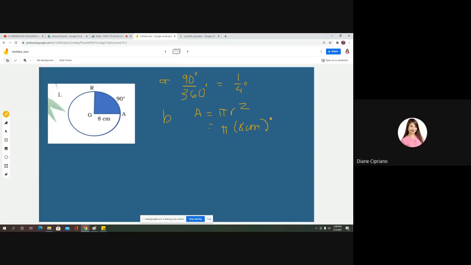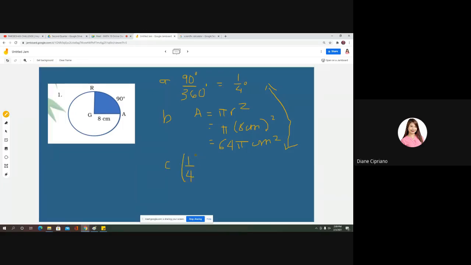Okay? And then next, just combine these two using multiplication. By the way, 8 times 8 is 64. So it's 64 pi cm squared. So we have here 1/4 multiplied by 64 pi cm squared.